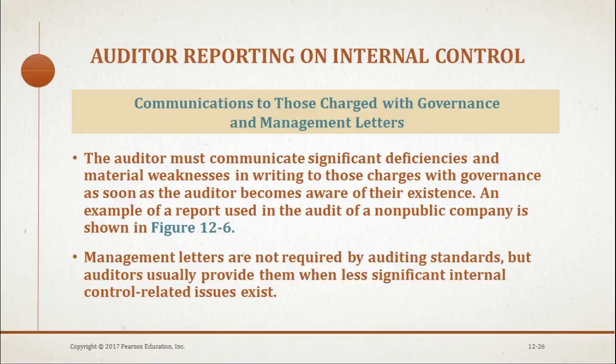An example of a report used in the audit of a non-public company will be shown in Figure 12-6 on the next slide. Management letters are not required by auditing standards, but auditors usually provide them when less significant internal control related issues do exist.